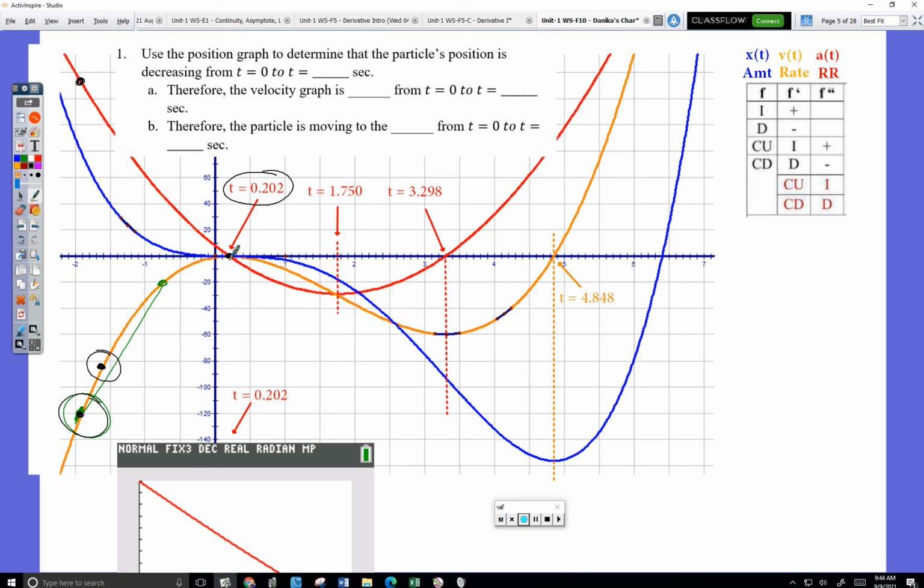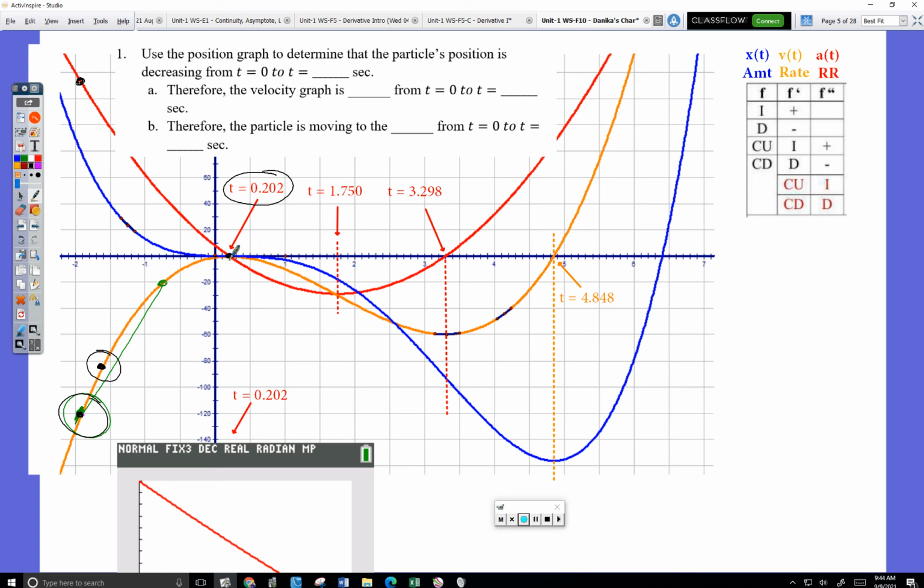Cool, let's go. It says, use the position graph. So I look at the blue to determine that the particle's position is decreasing from time equals 0 to time equals what? You're looking at the blue graph and you're going to raise your hand and tell me, at what time does the particle's position stop decreasing? Hands up.